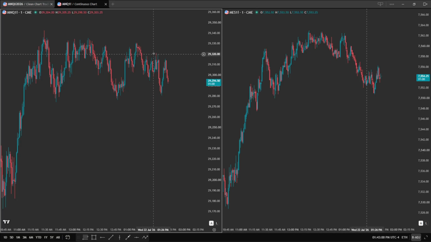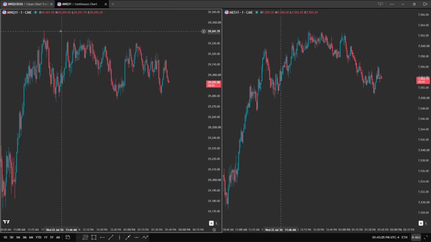Yes, took this high. There's a bearish SMT there on NQ. I don't really like all these stacked highs just sitting here like that.